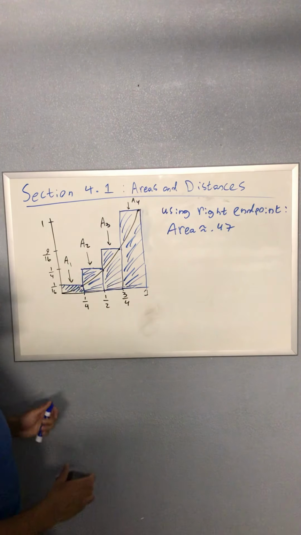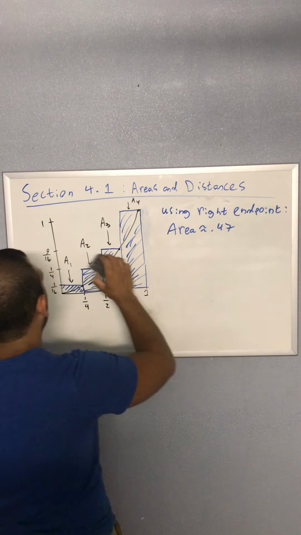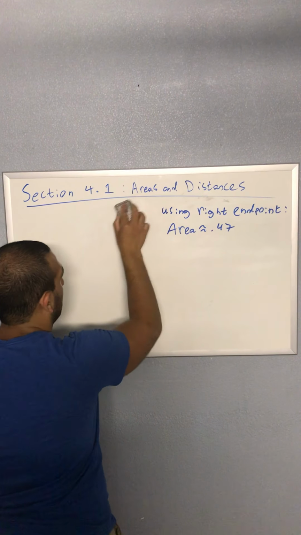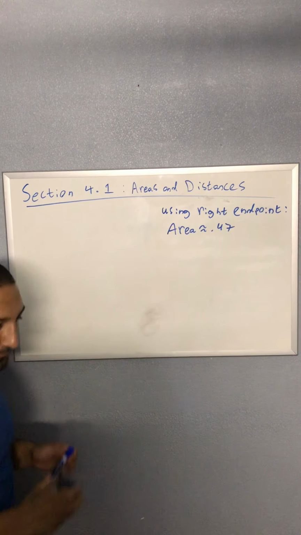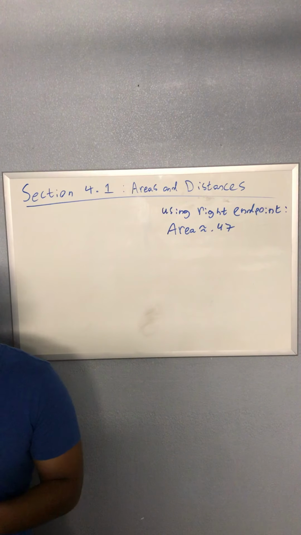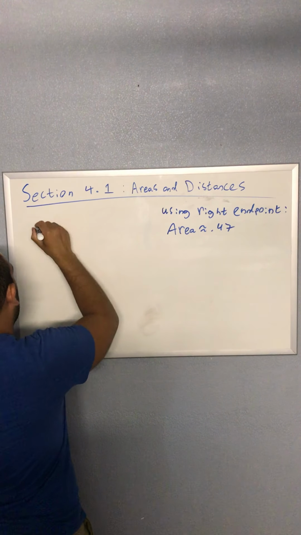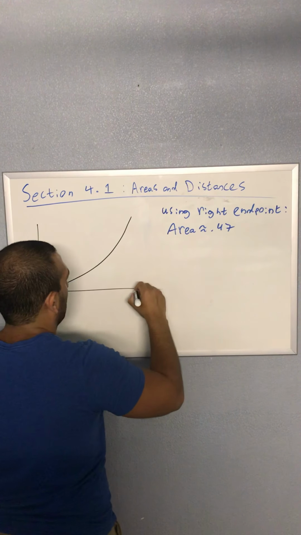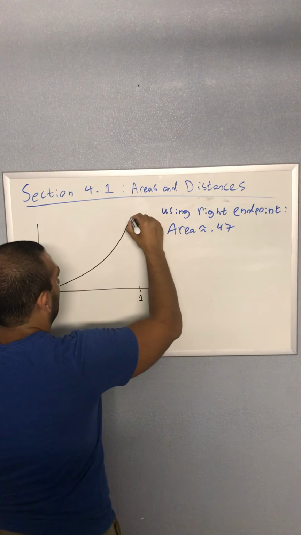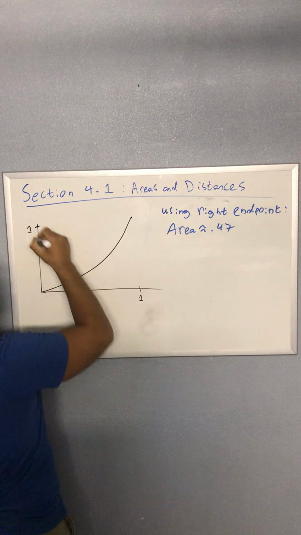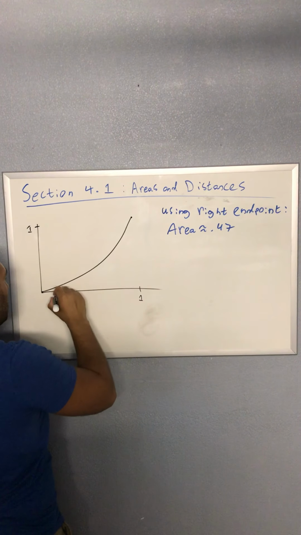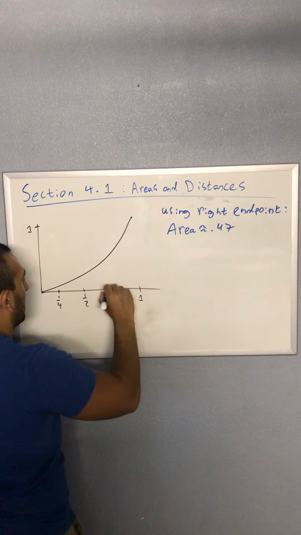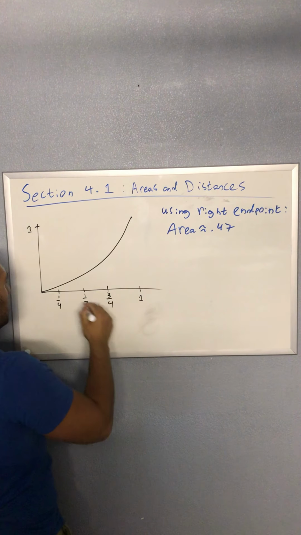So instead of using the right endpoint, we're going to use the left endpoint, just as a comparison. Okay, so let's basically just redraw what we had. So this is 1, that's 1 again, and then let's say this is a 1/4, this is a 1/2, this is 3/4.